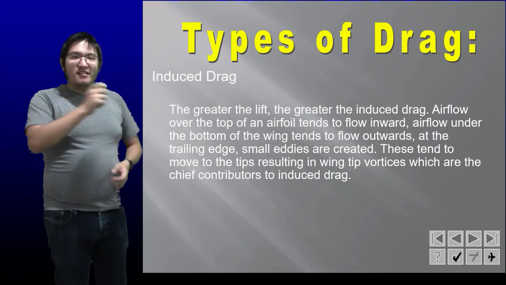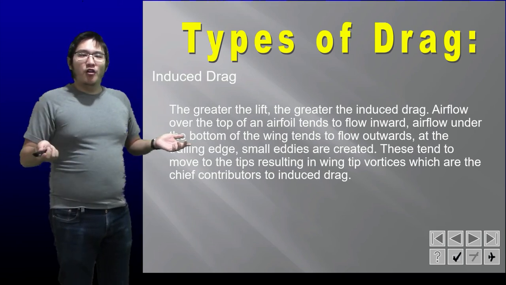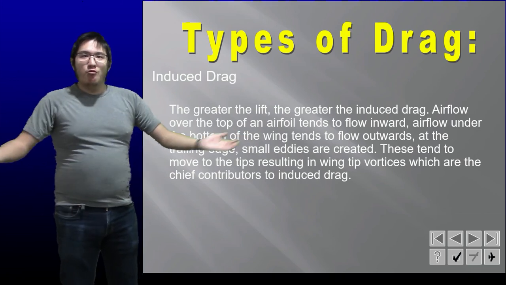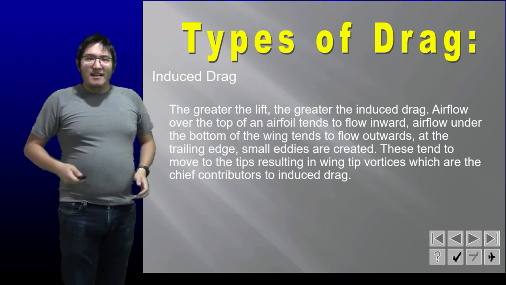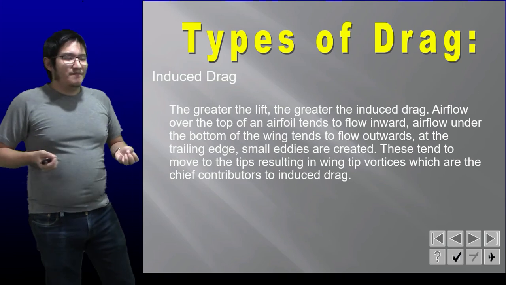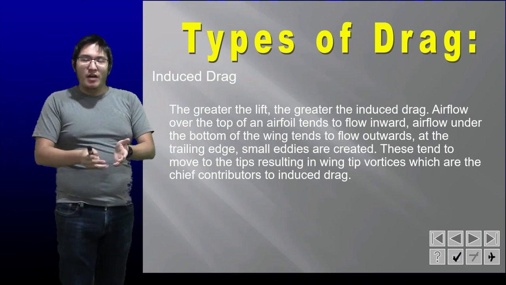Another thing to note is that sometimes airflow under the bottom of the wings tends to flow outwards, while the airflow at the top of the wing flows inwards. This is a three-dimensional picture that you have once you realize that the bottom has higher pressure.